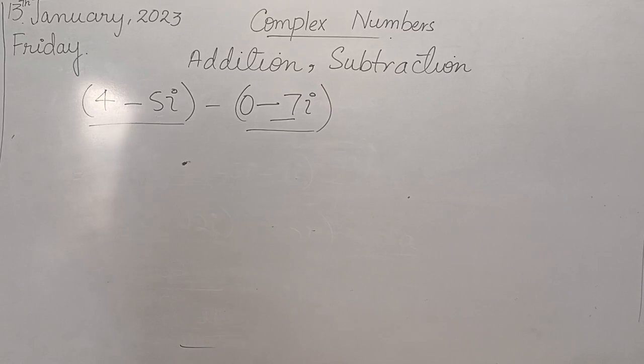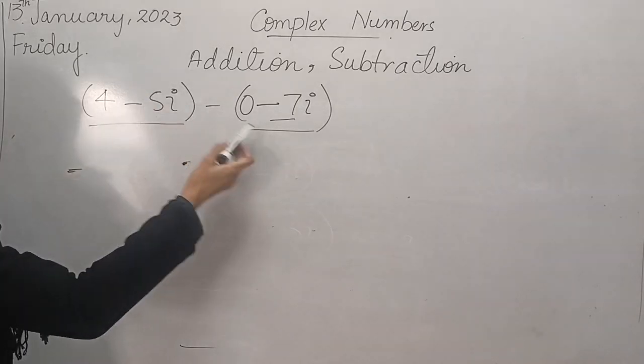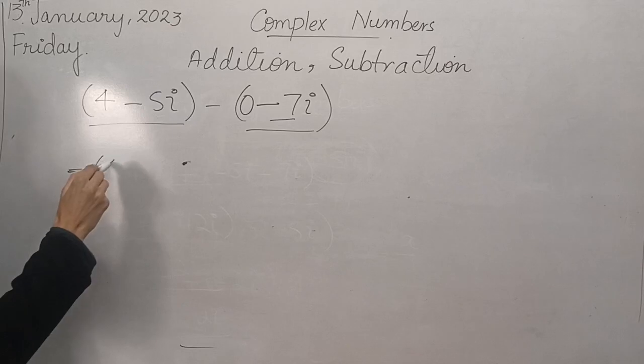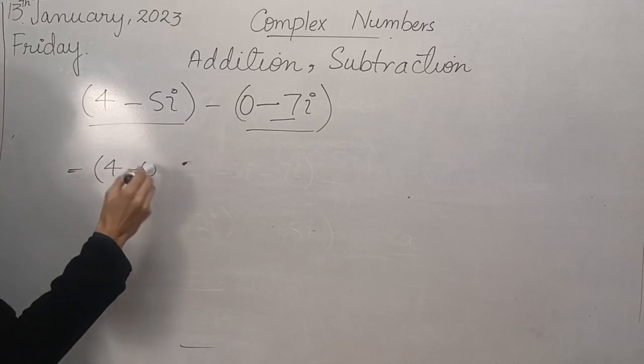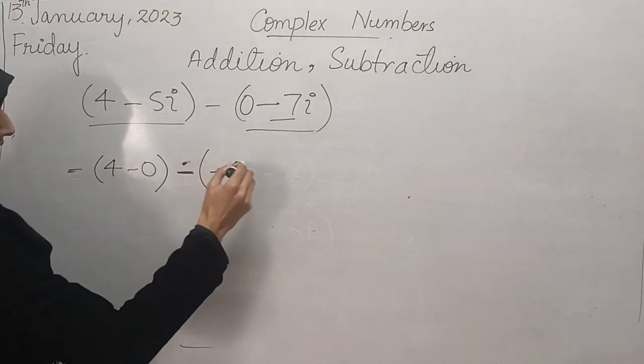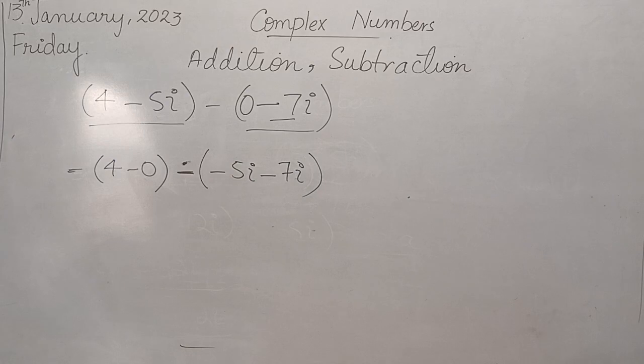What will we do? We will simply subtract imaginary with imaginary and real with real. 4 minus 0, minus 5 iota minus 7 iota. Clear? We subtract real with real and imaginary with imaginary.